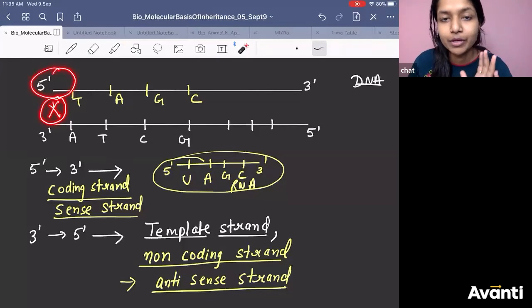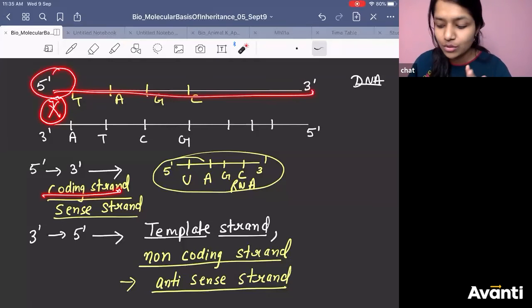Why? Because naming will be done on the basis of what? Coding strand. What is your coding strand? 5' to 3'. So whatever you have, the naming will be done based on the coding strand. We will not say that it is present on 3'. If we say it is present on 3', it means it is present here.